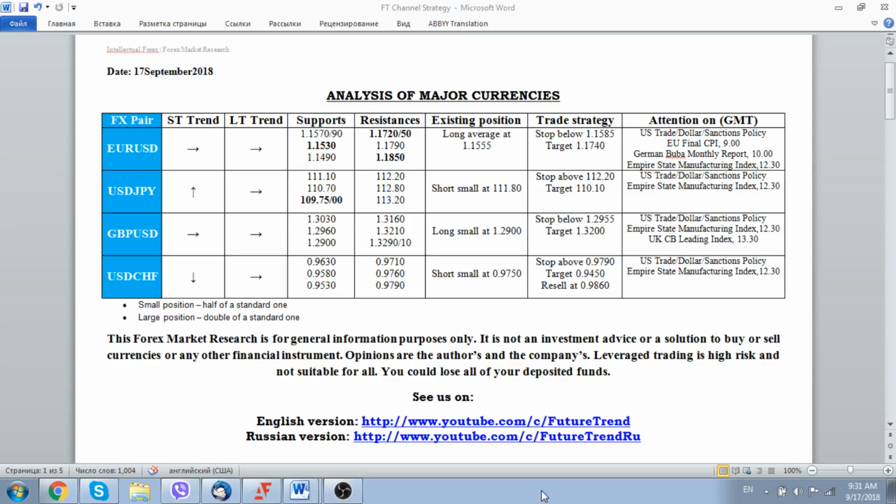Also, tomorrow a speech of European Central Bank chief Mario Draghi is scheduled, which will be really very interesting. And during the course of this week, the economic calendar will be rather empty from the United States side. But all in all, the situation still continues to circle around the trading topic.